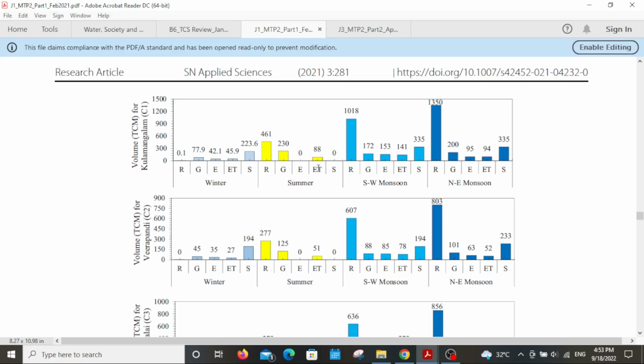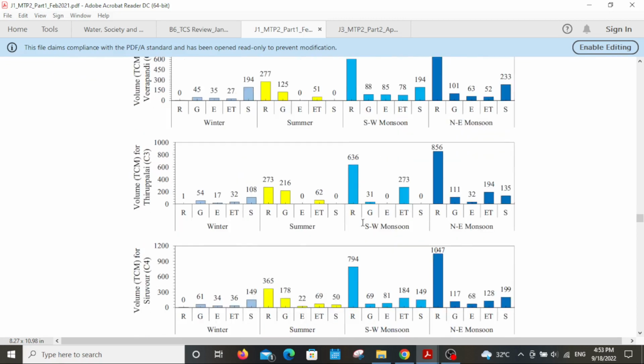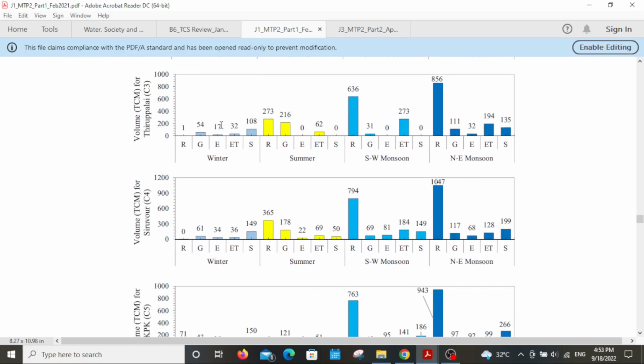This is the condition of the rural landscape, and similarly for Viramant, which is tank 2, located in catchment number 2, a similar trend was recorded. Likewise, we have the other two tanks, tank 3 and tank 4, which are located in the peri-urban region.